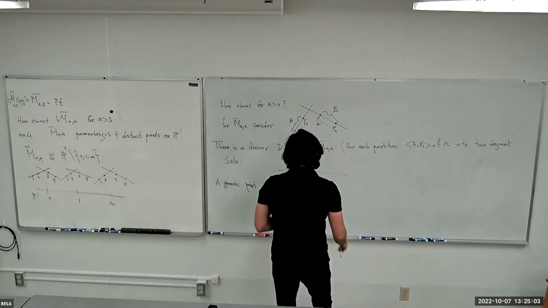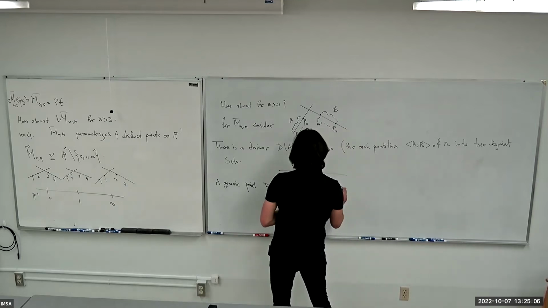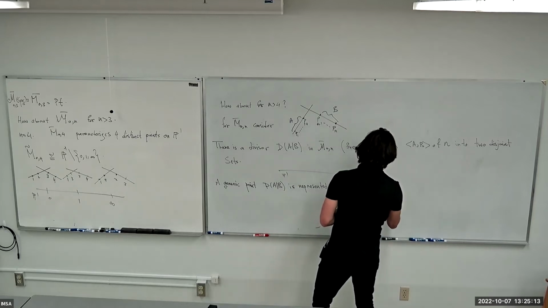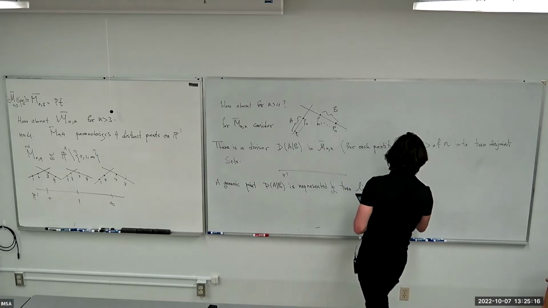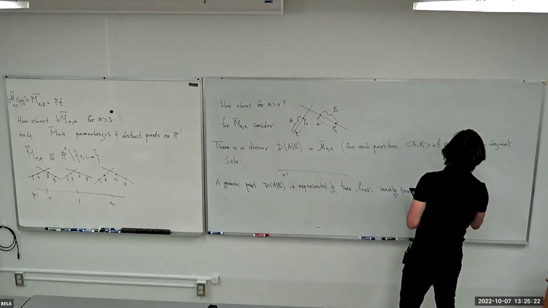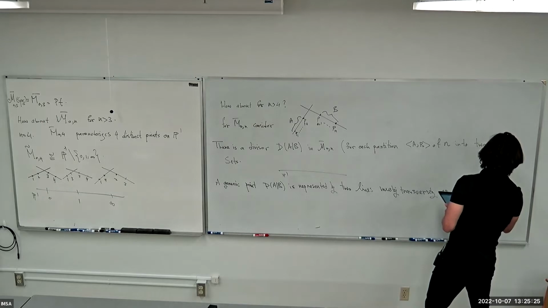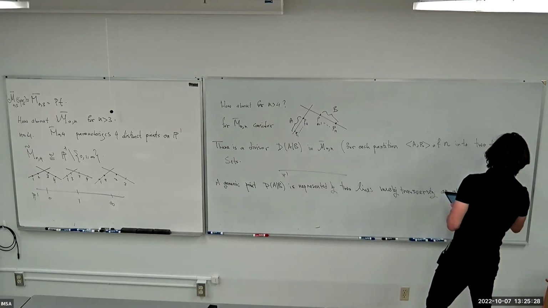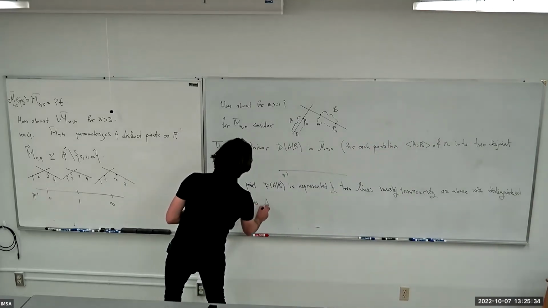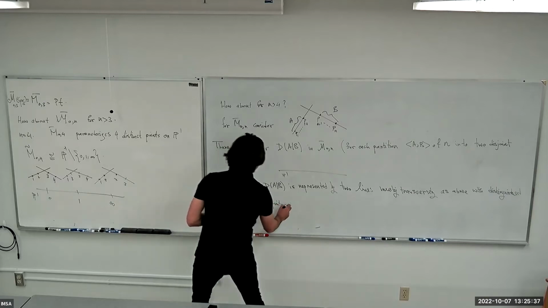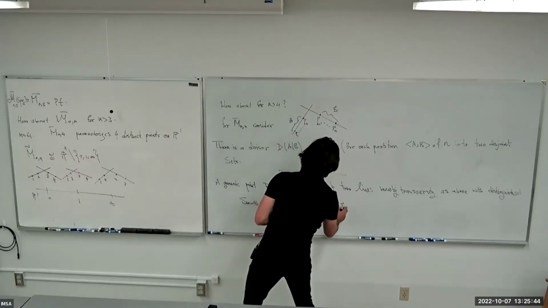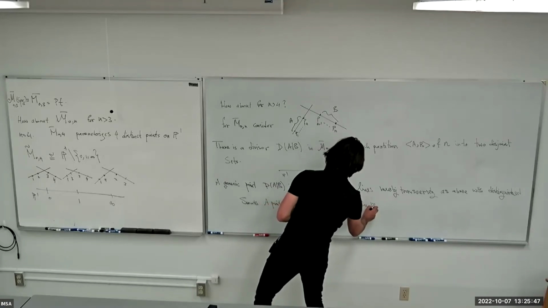All right, the generic point DAB is represented by two lines meeting transversely, as above, with distinguished smooth A points and B points on its branches, on each line, respectively.